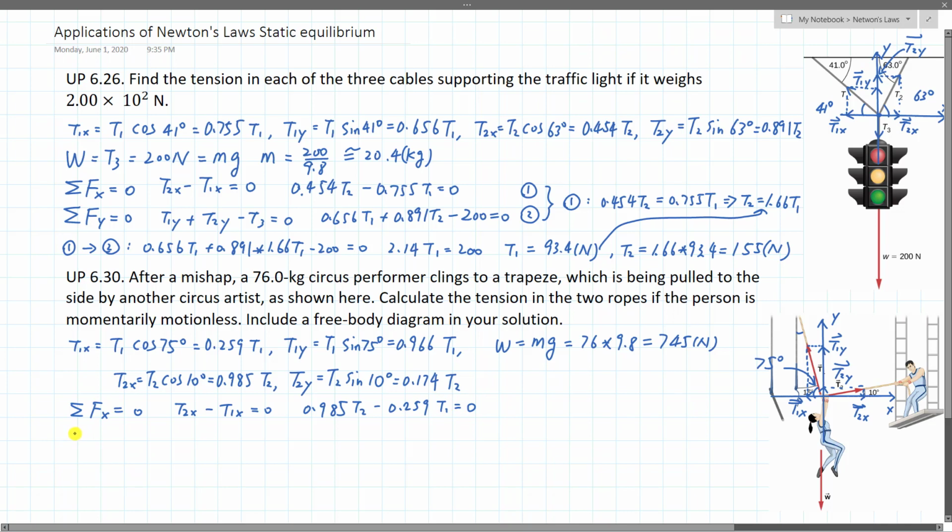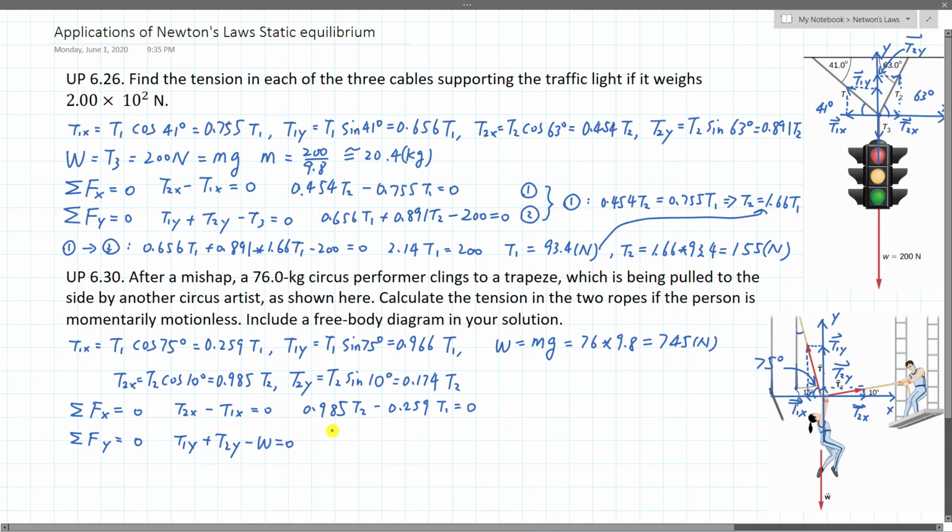So we move on to the y direction. Net forces add to 0, no acceleration in y. And in the y direction, there are two forces up and one down. So T1y plus T2y minus the weight is equal to 0.